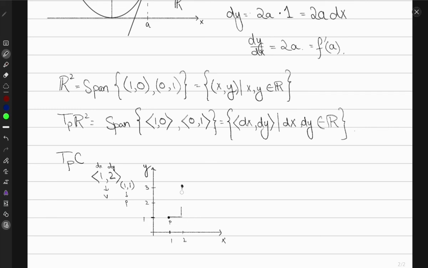Now let's get rid of all of these. And let's draw our vector. This is the vector V, right? And what happened here is, again, how did we reach this vector? We reach it by this dx and by this, it's a vector, right?